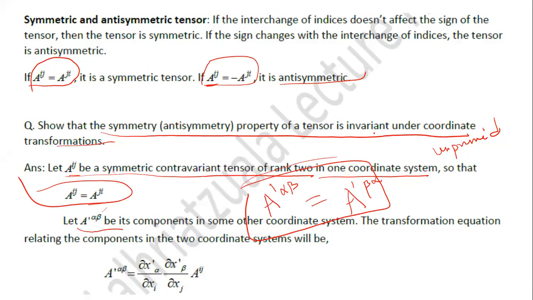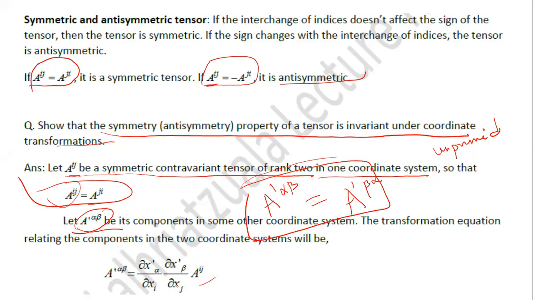So now you can write the transformation relating the components in the two coordinate systems, that is A prime alpha beta and Aij. So alpha and i are the corresponding contravariant indices, so del x alpha prime upon del xi. Beta and j are the corresponding contravariant indices, del x beta prime upon del xj.